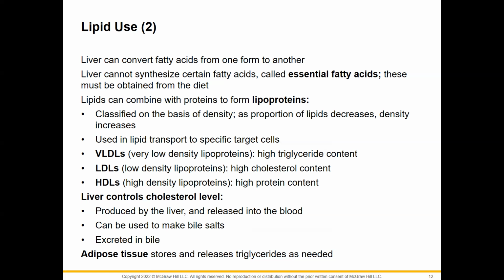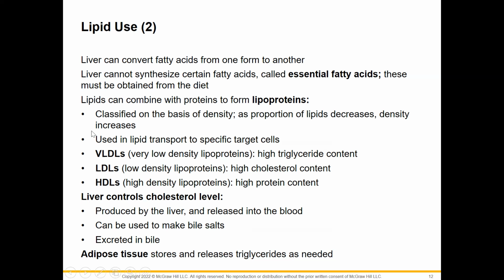In order to get there, it must attach itself to a protein in order to travel through that water-based environment. So that's what this is talking about when it says that lipoproteins are used in lipid transport to specific target cells.